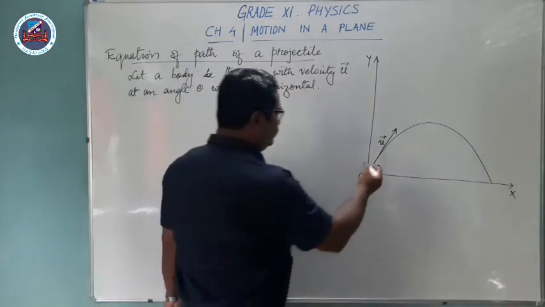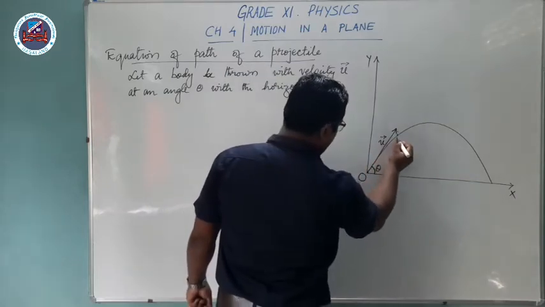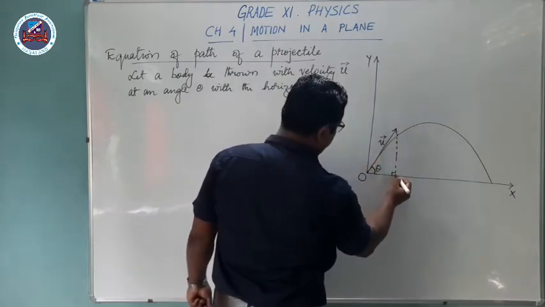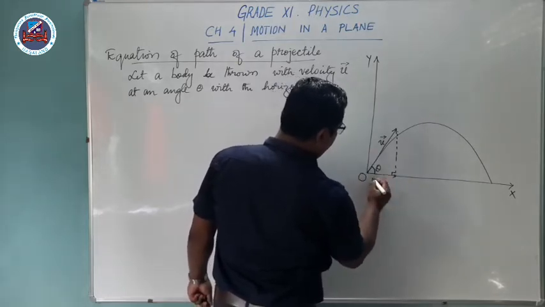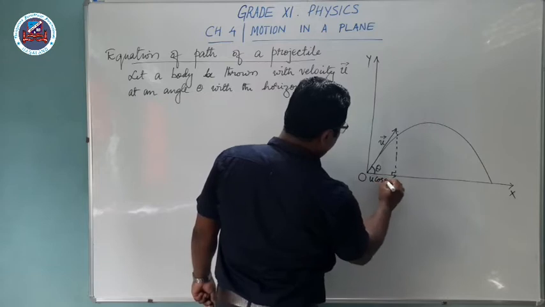Then, resolving this u into its components, if you drop a perpendicular here, you will get u cos theta. Base and hypotenuse will give you cos theta, so u cos theta.